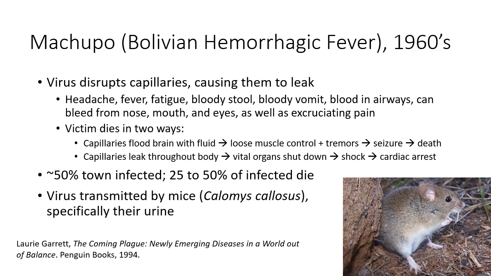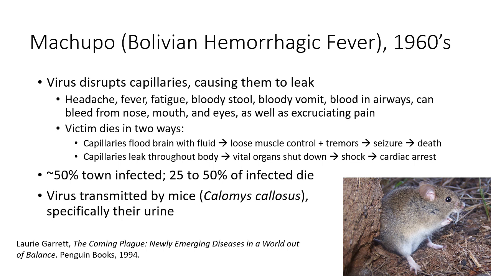So as people are moving further and further into natural habitats, we are becoming more and more exposed to populations of different organisms, and we're increasing the incidence of, or at least the possibility of, viruses jumping from one host to another, in this case from a mouse to a human.